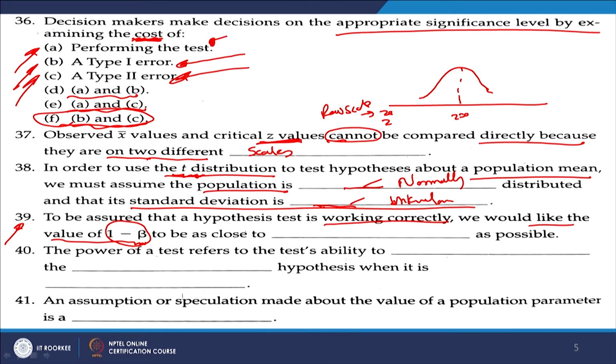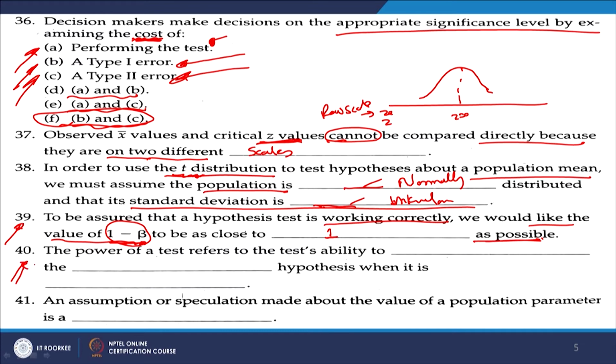You should always reject a null hypothesis which is false. That should be the goal, known as power of test, or 1 minus beta.